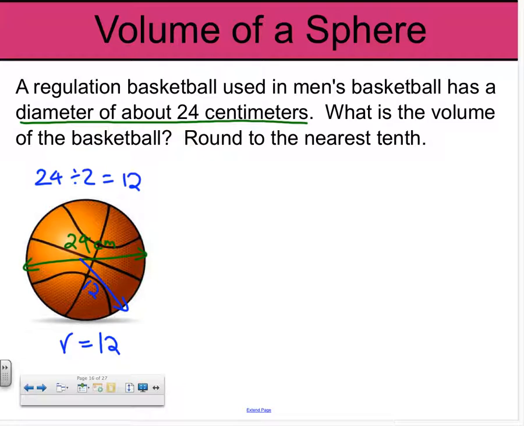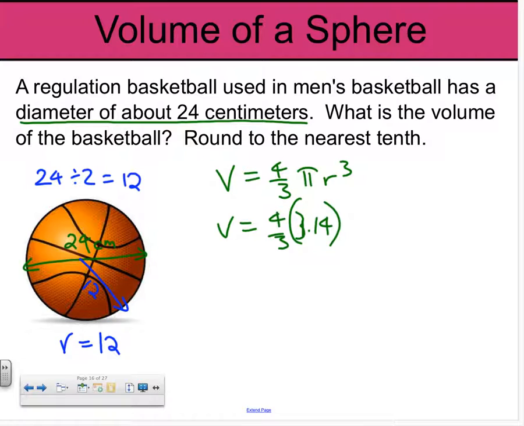So now it's just a matter of being able to fill these into an equation. So once again, we know the volume equals 4/3 times pi times r cubed. I know that I've got the 4/3, that's easy. I know pi is still 3.14, and in this case, I've got a radius of 12, and that's going to be cubed.